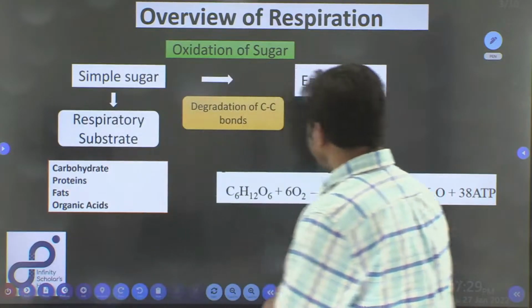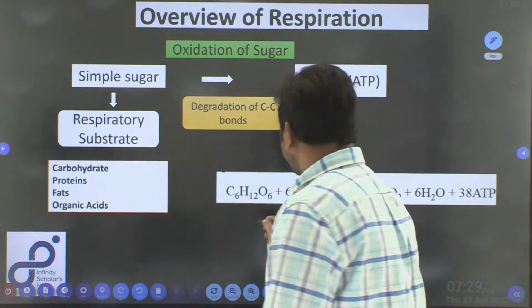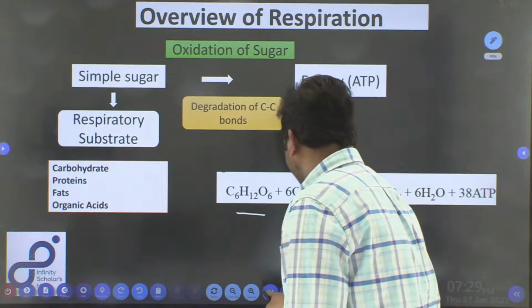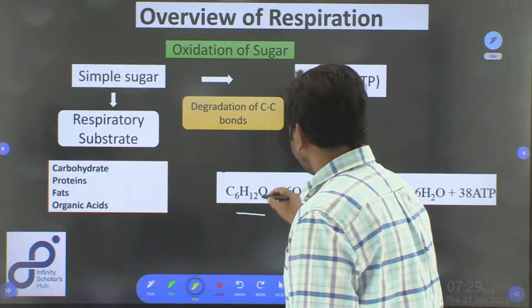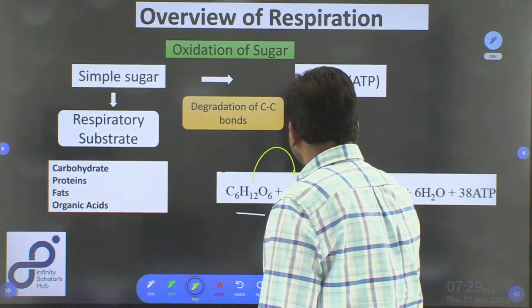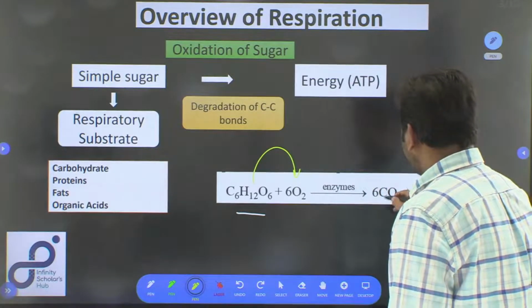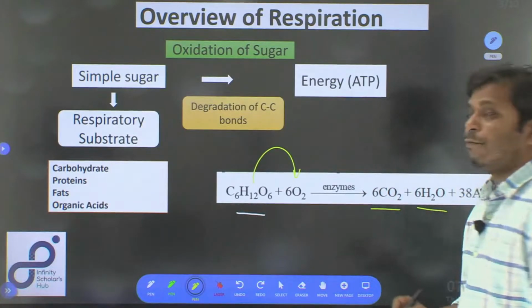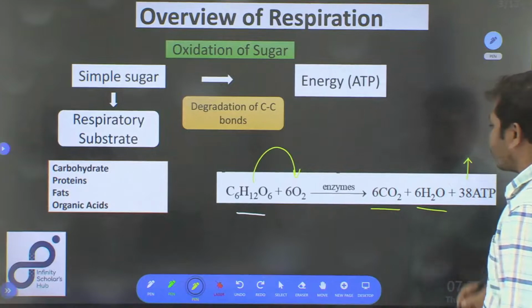If we look at respiration, the overall reaction of respiration follows this way. What happens in this reaction? A molecule of glucose is oxidized in the presence of molecular oxygen, and then it is degraded into smaller molecules, which are carbon dioxide and water, and energy is released in this process.